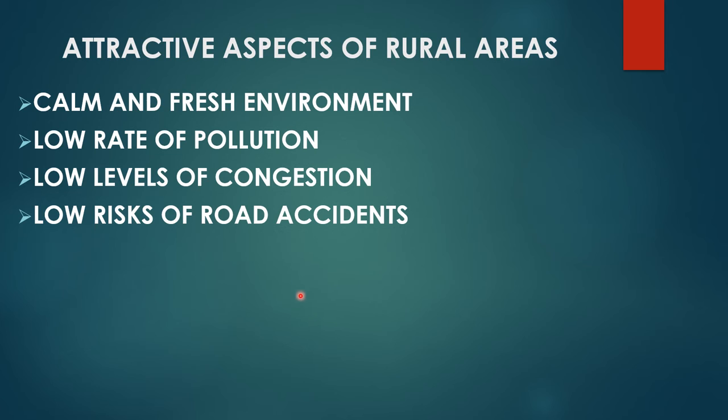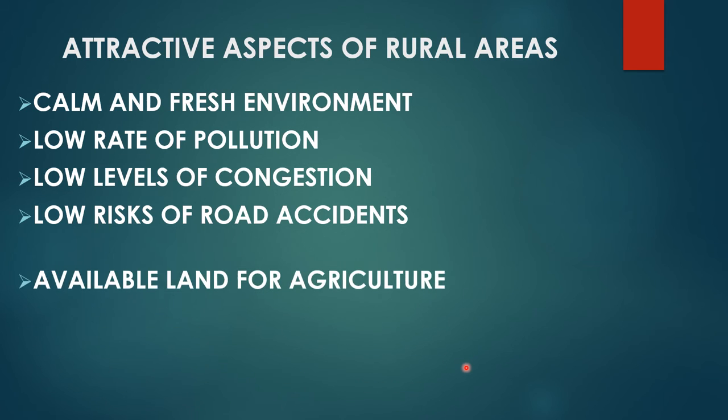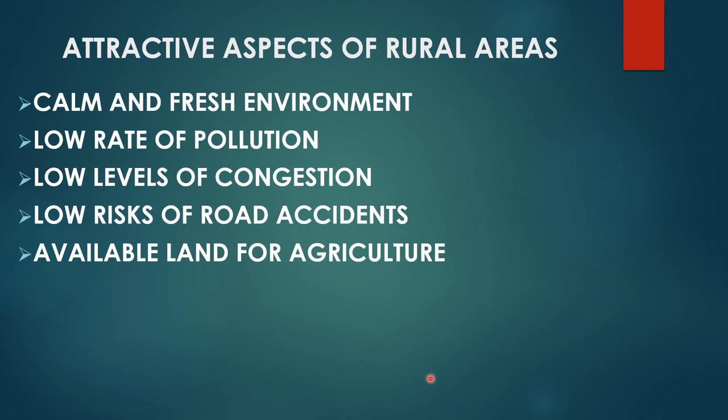Since the population is low and there are very few cars, it becomes very easy not to see the occurrence of accidents. Let's talk about availability of land for agriculture, and this is as a result of the few population that exist in the rural areas.